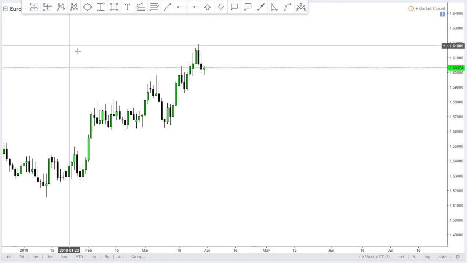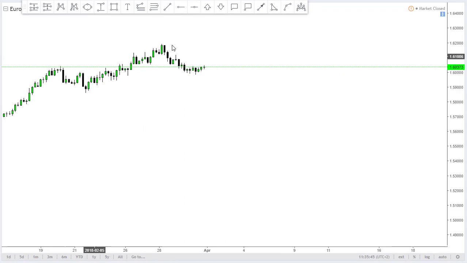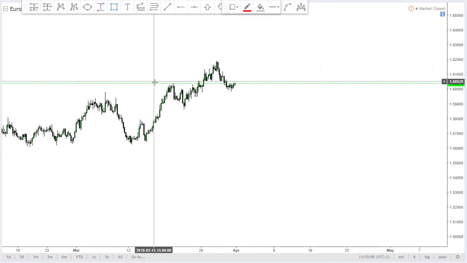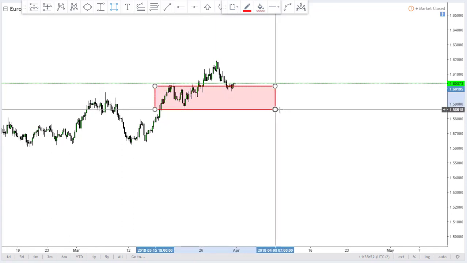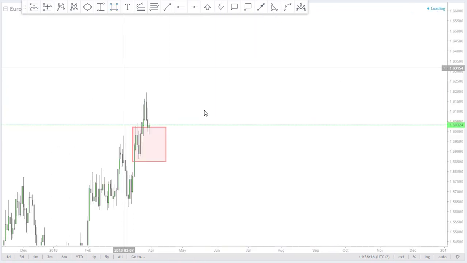So as I go to my lower time frames, to my 4-hour, we have identified this kill zone starting from this high coming to this low right here.